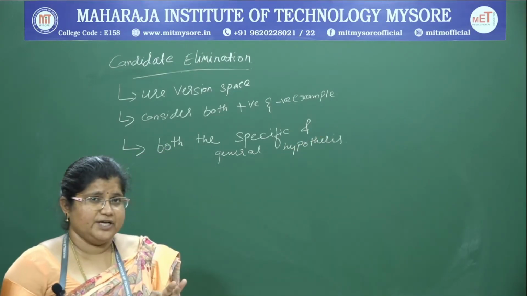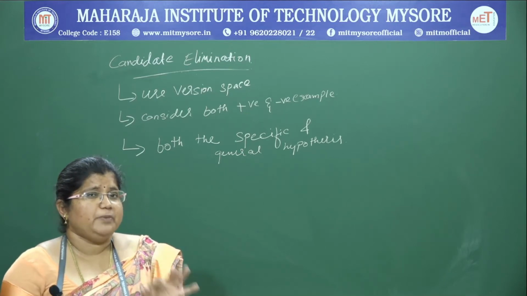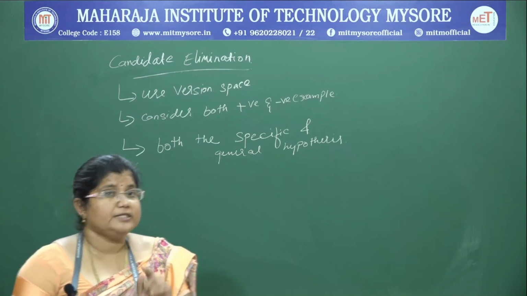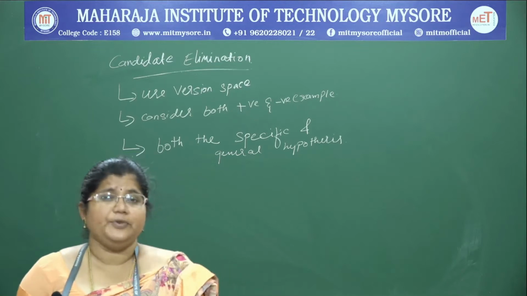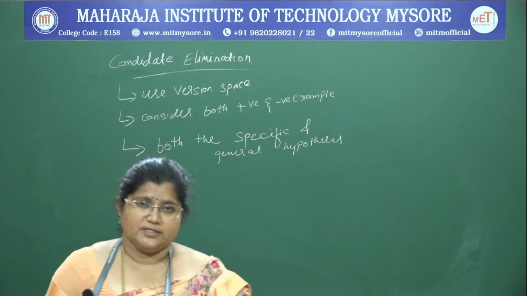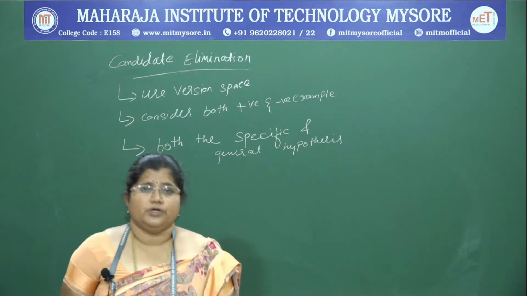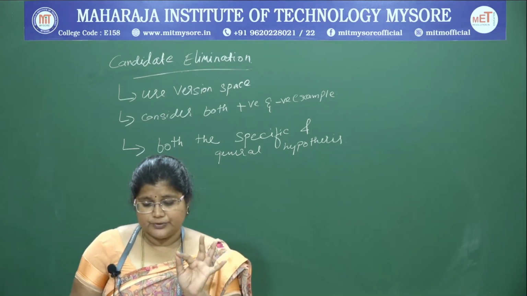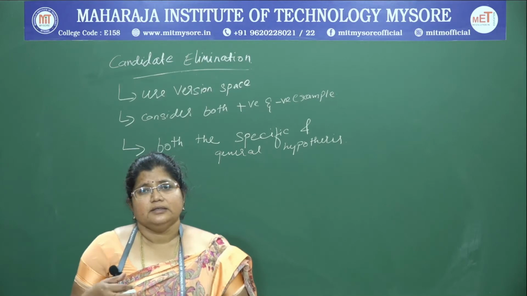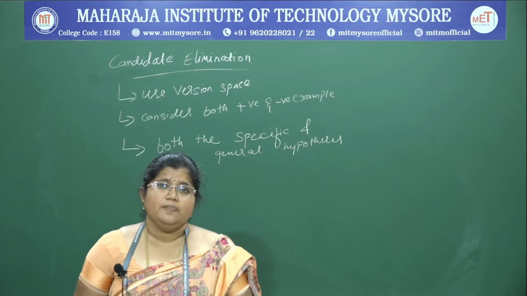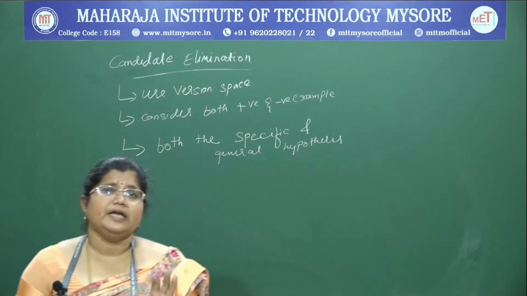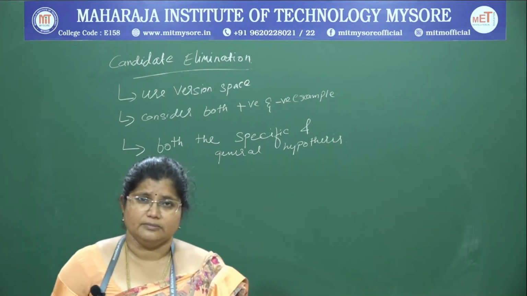In this very first stage, the most specific hypothesis is going to represent a positive training example, whereas the most generic hypothesis is going to represent a negative training example. That's what we are going to perform in the candidate elimination algorithm.